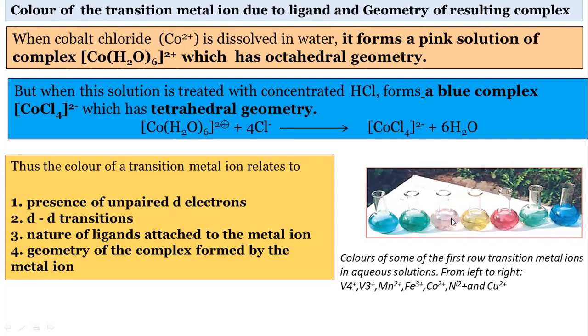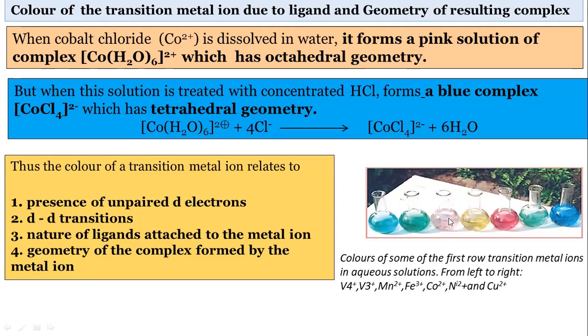In this diagram, we can see different colors shown. The colors of some first row transition metals are shown, from scandium to zinc. From left to right, first one is vanadium V4+, this is the color of V4+. This is vanadium 3+.